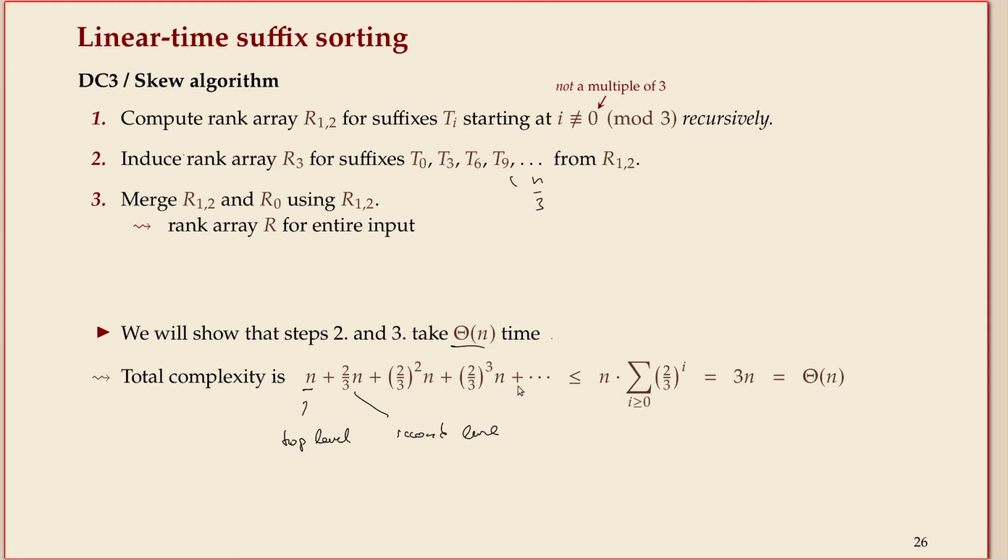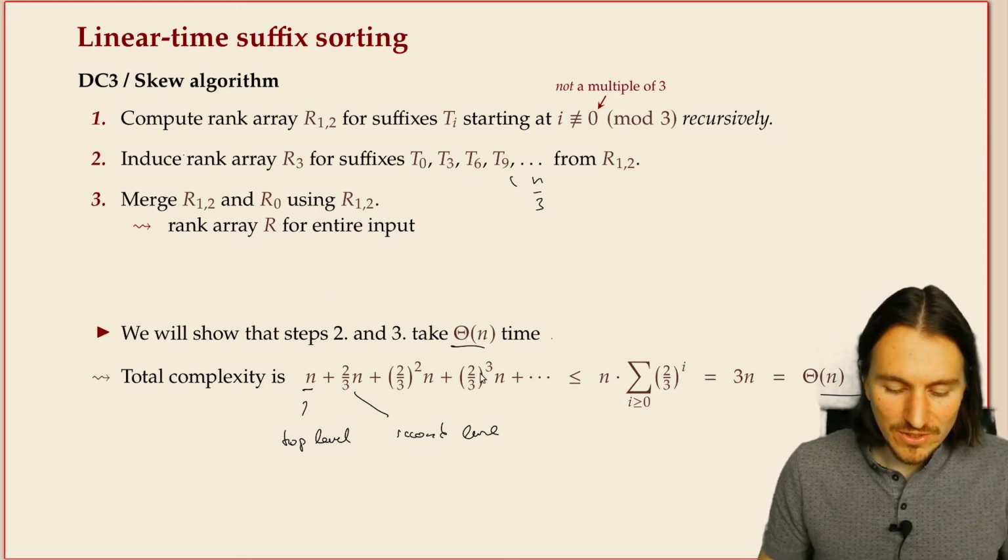In every step, we get rid of a constant fraction of the input. So that means after we factor out n, we have this geometric series, and that is bounded by a constant, in this case 3. So that shows that the total cost is linear in n as well.